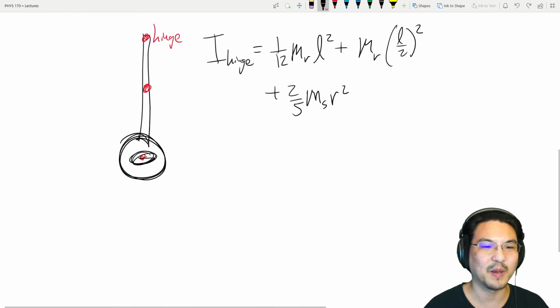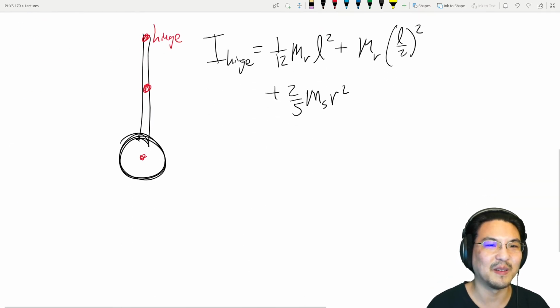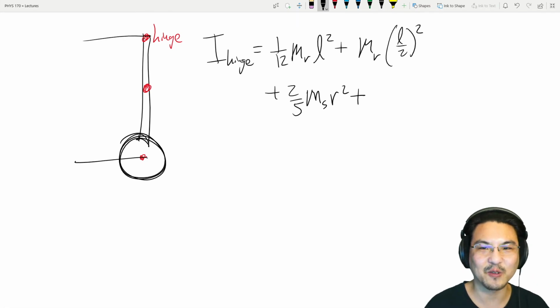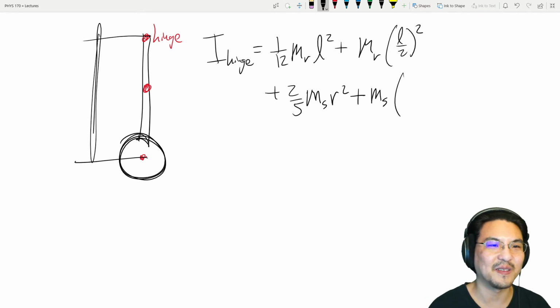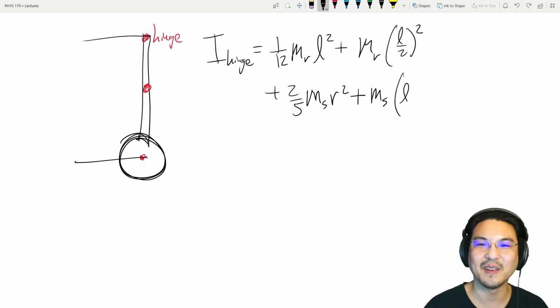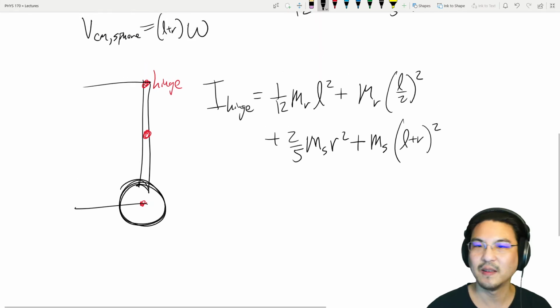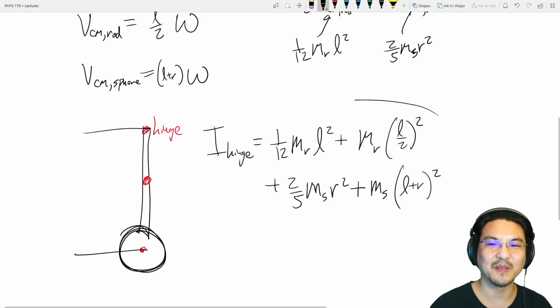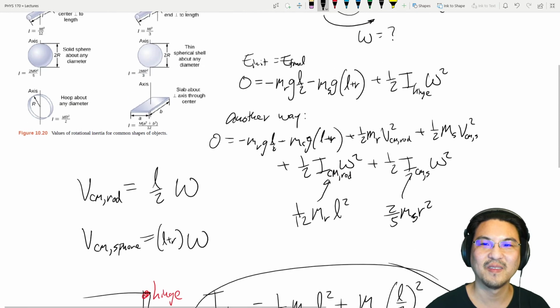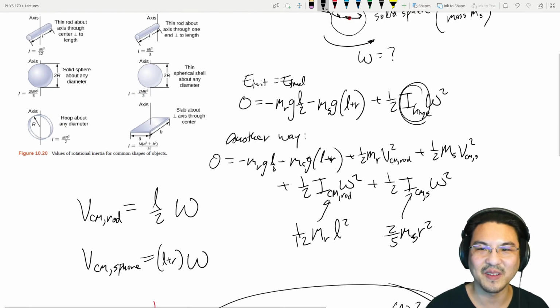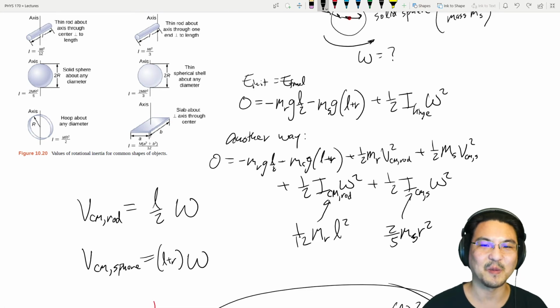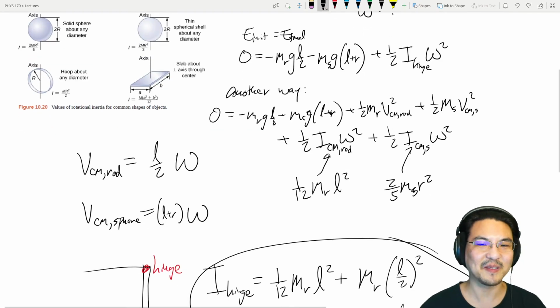But then we need it to be about the hinge, not here, so I have to add extra. How much extra? The mass of the sphere times this distance squared, (L plus r) squared. Okay, so all of this is the answer right here.